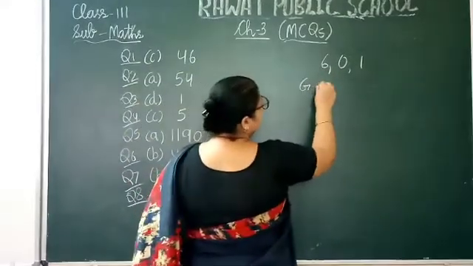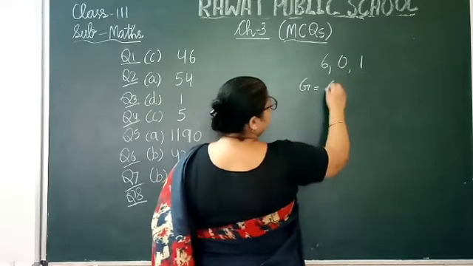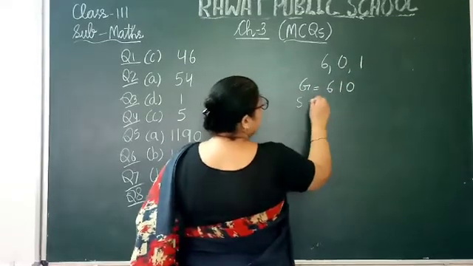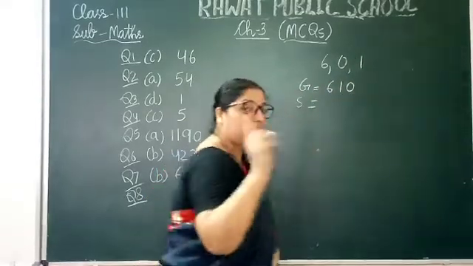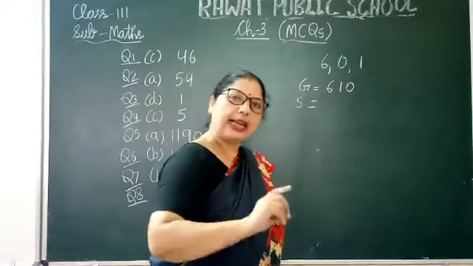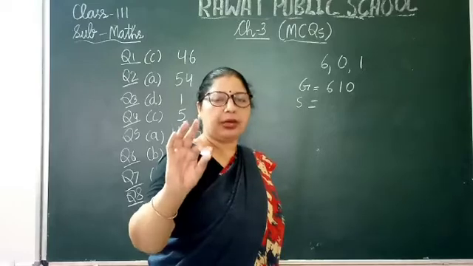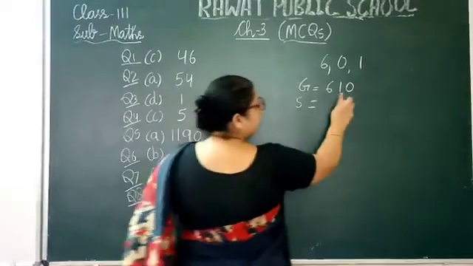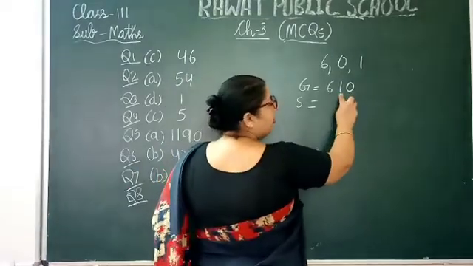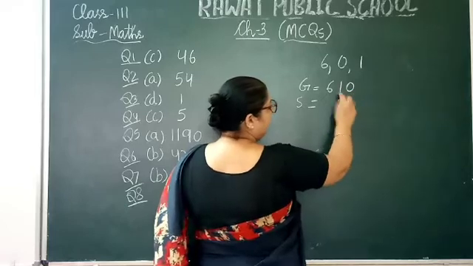So greatest number is 610 and smallest is... 0 को कभी भी हम पहले नहीं पुट करते. Earlier I explained to you that there is no value of 0 before any number. But when we write more than 0, which number is more than 0? 1.